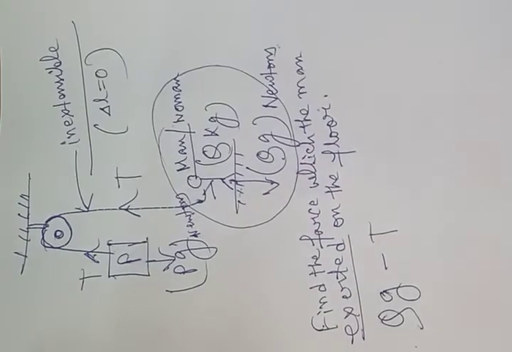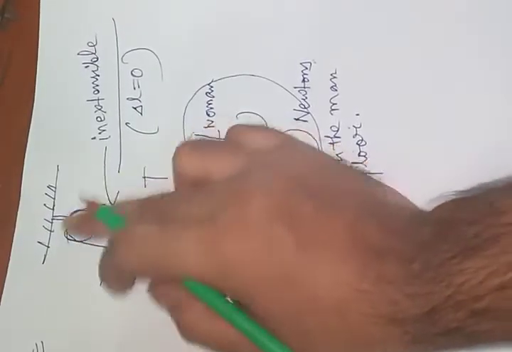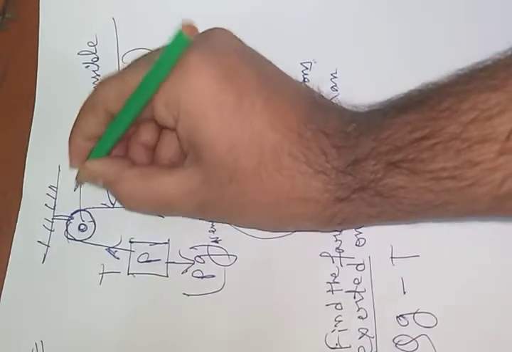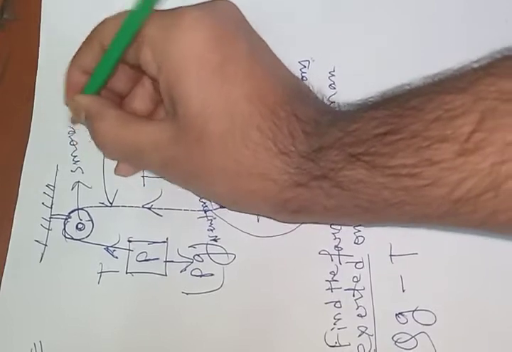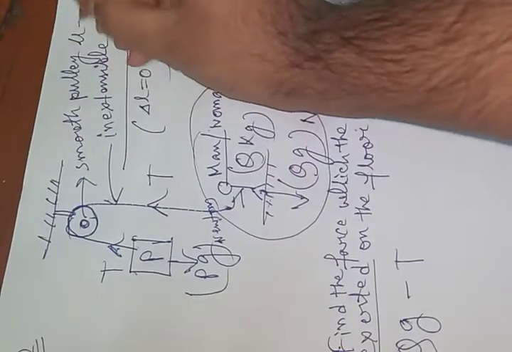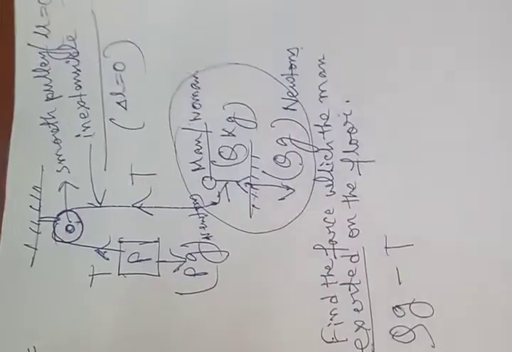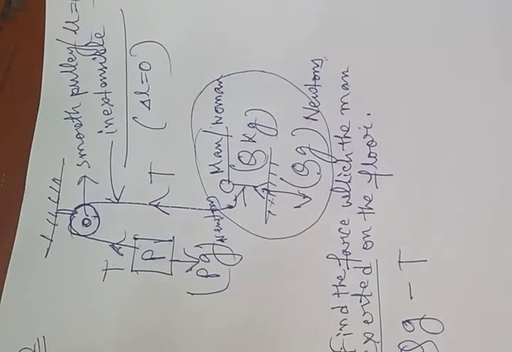The question also says that this is a smooth pulley. That means the friction coefficient is 0 for this pulley. There is no frictional force here.